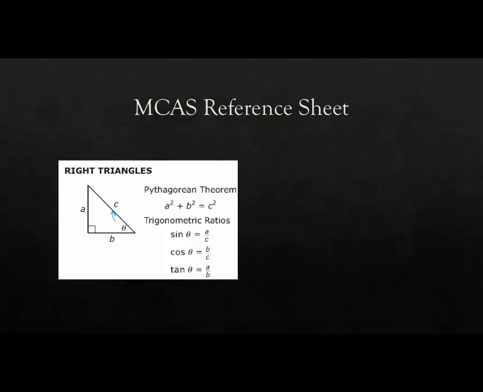Cosine is B over C, or adjacent over hypotenuse. Tangent is A over B, or the opposite over the adjacent. Okay?